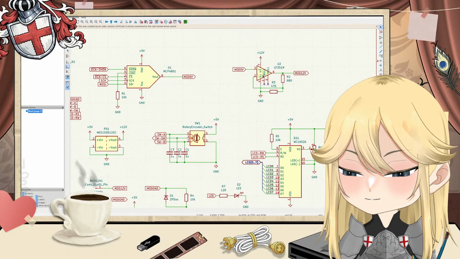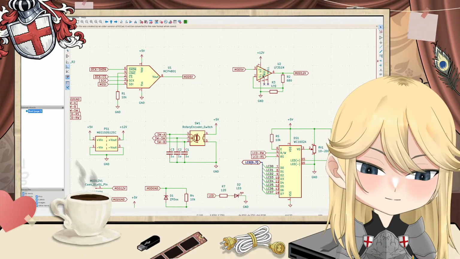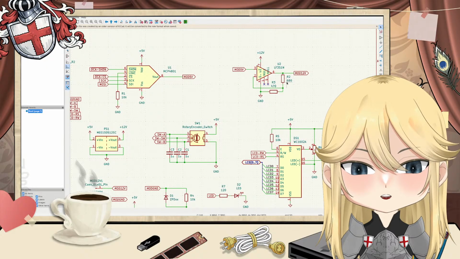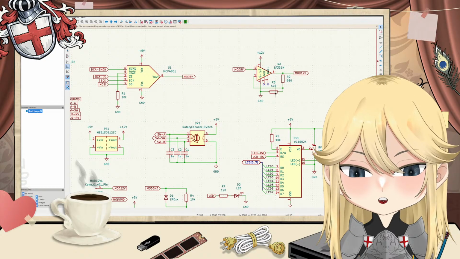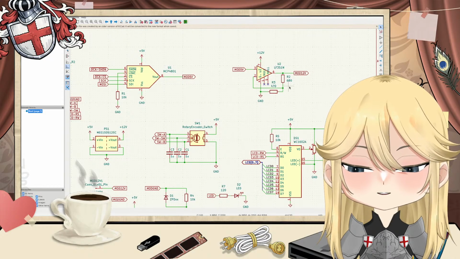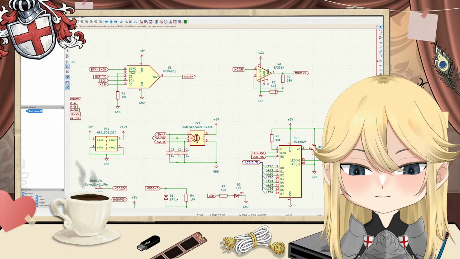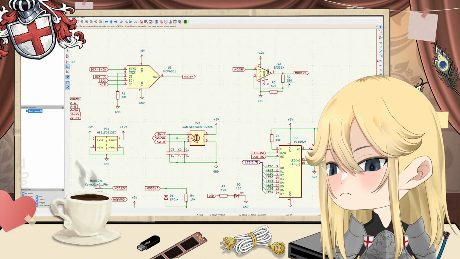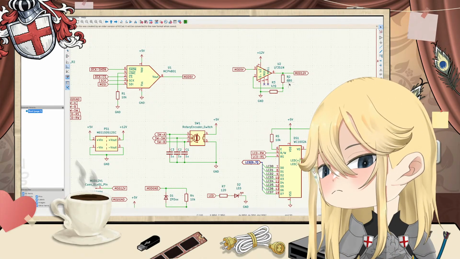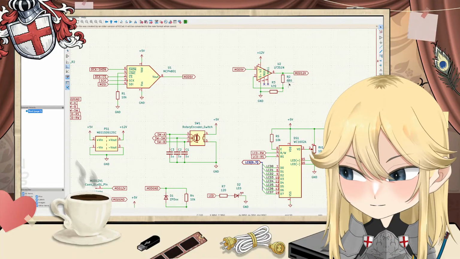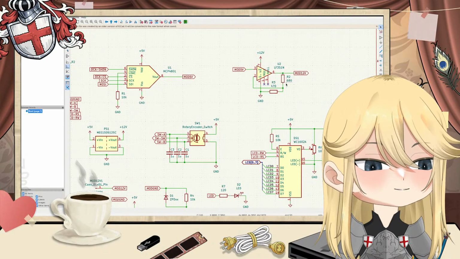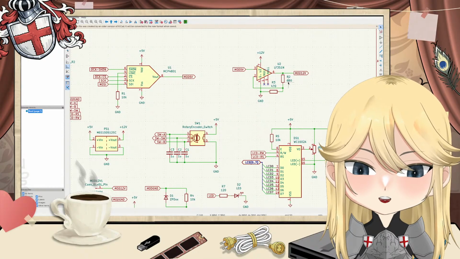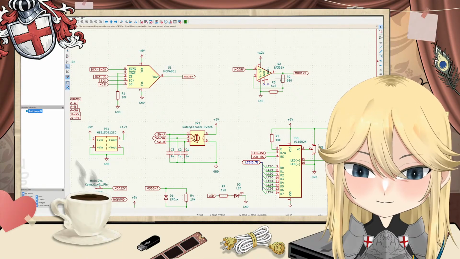What would we... I can't do math. Actually, hold on. Yes, I can. This needs to be twice as big as this resistor. So, I don't know, 470 and 1 kilo ohm. That should work. So we just need to change this one. Yeah, this resistor is wrong.